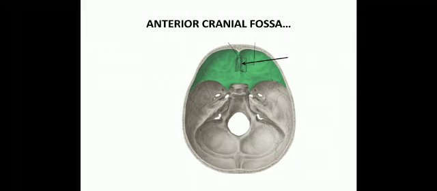At the median plane, the cribriform plate of the ethmoid bone separates the anterior cranial fossa from the nasal cavity. It is quadrilateral in shape. The anterior margin of this articulates with the frontal bone at the frontoethmoidal suture. Here we can observe the suture formed by the anterior margin of the cribriform plate with the frontal bone.